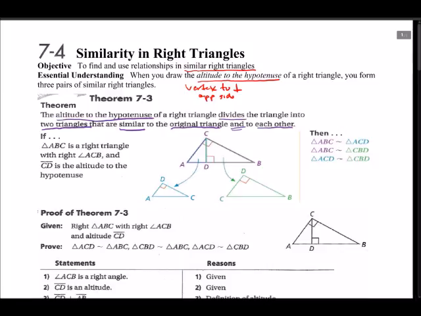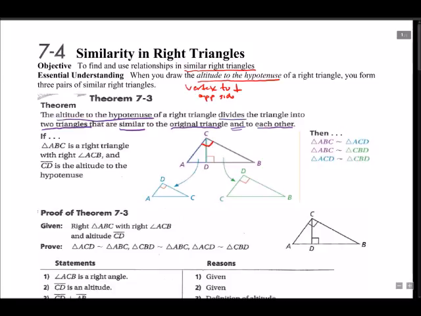So let's take a look at this. We have if triangle ABC is a right triangle, which it is. So we have our purple triangle here. So we have our big triangle here, and it is a right triangle.